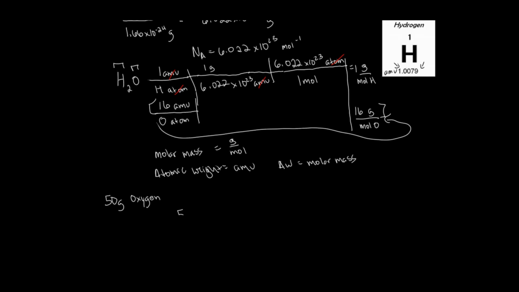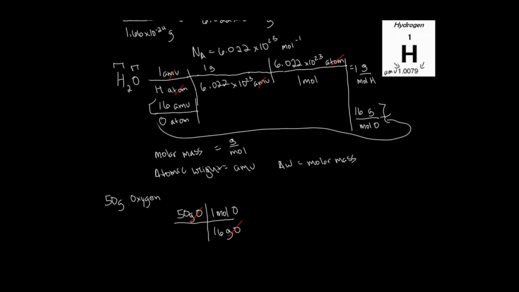We have 50 grams of oxygen. We know that 1 mole of oxygen is equal to 16 grams of oxygen. So if we cancel grams of oxygen, we're going to be left with moles.